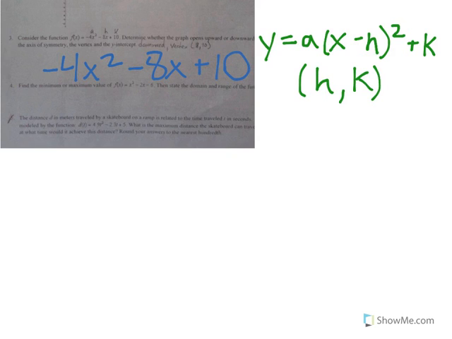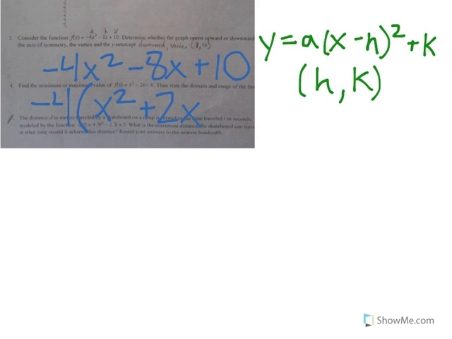Okay, so the way that we do that is by completing the square. We'll factor out that negative 4. So there we have x squared, and negative 8x divided by negative 4 would be positive 2, so I'll put plus 2x.